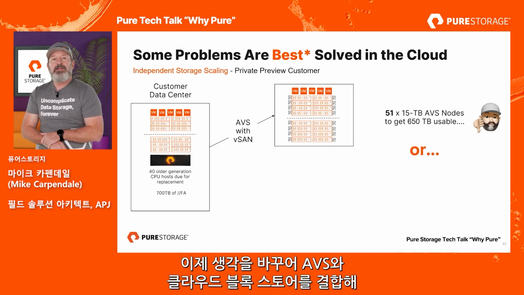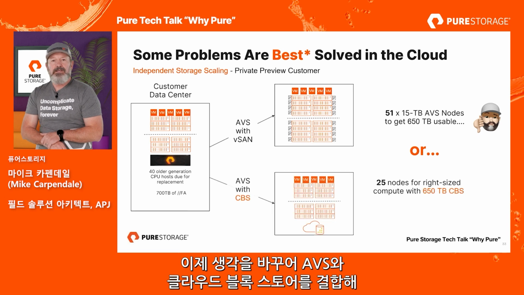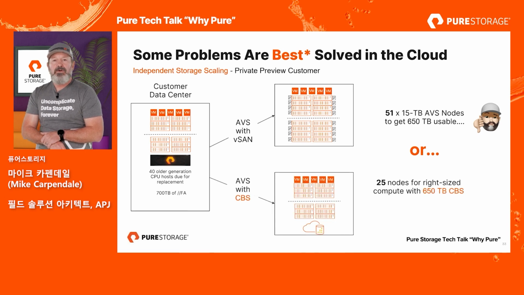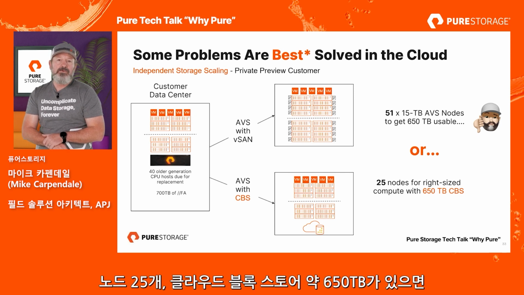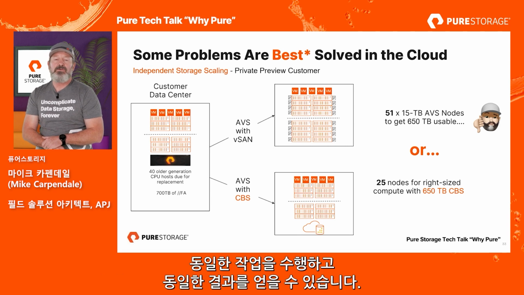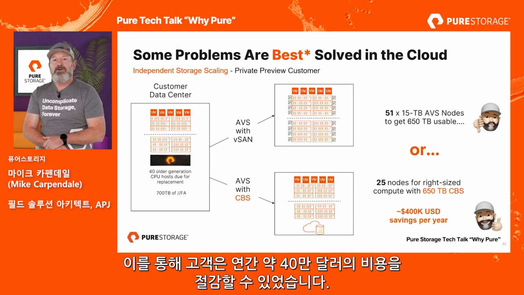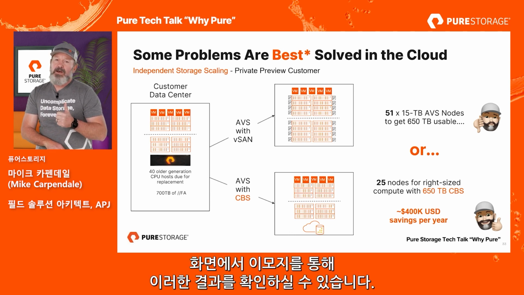Now, if we were to think about this slightly differently, AVS coupled with Cloud Block Store, when we right-size the environment, we now need fewer nodes, 25 nodes, and roughly 650 terabytes of Cloud Block Store to do the exact same thing and get the exact same outcome. This was giving our customer roughly $400,000 US savings per year. And we can see Emoji Mike likes that on screen.